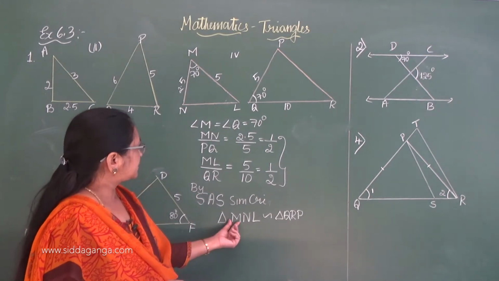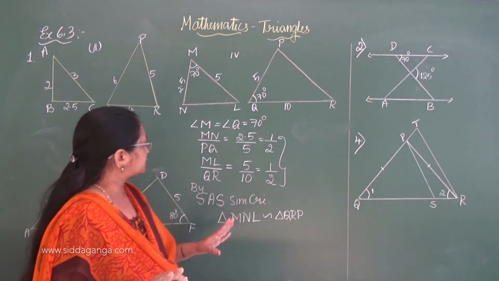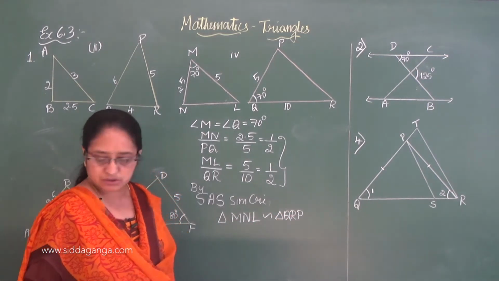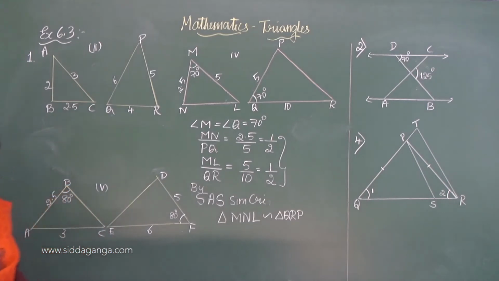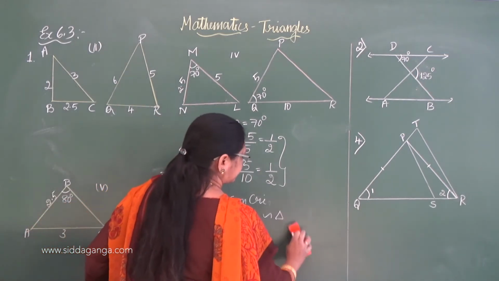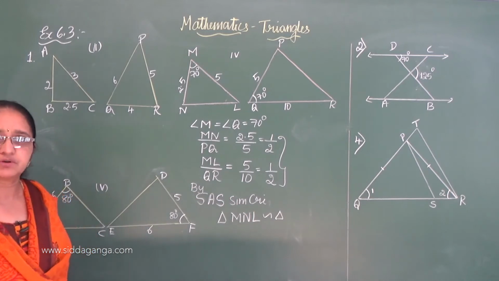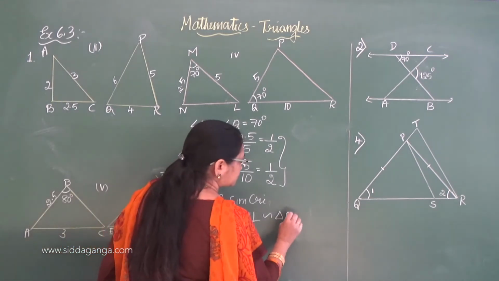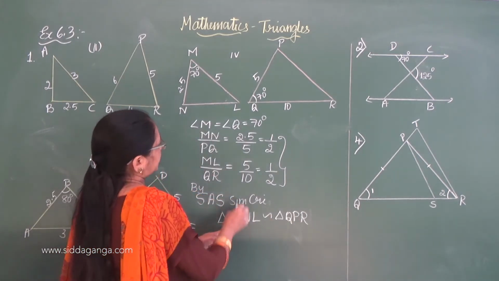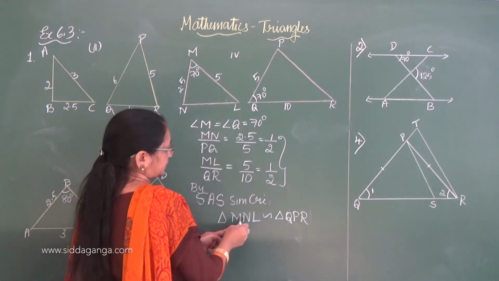See here, angle M is equal to angle Q, correct. MN is equal to PQ. See here, it is wrong. So you can rub that. Okay, now it is wrong what I have written. Now Q, P, R. Now you check, angle M is equal to angle Q, correct.